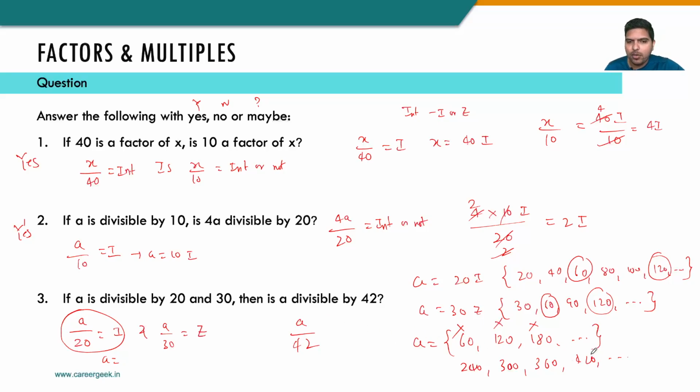So there is a value which a can take, 420 also. So is 420 divisible by 42? Answer is yes. So is a divisible by 42? The answer is no and yes. So that's why we will say this is maybe. Maybe it's divisible, maybe it's not. We are not sure about it.